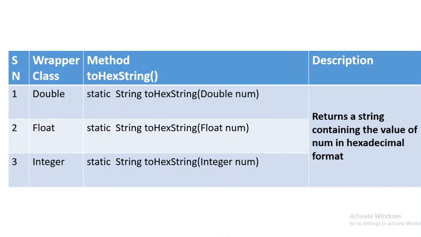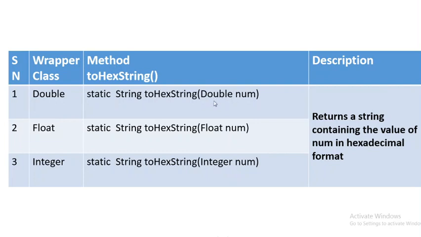toHexString. This method is available with Double, Float and Integer. This is a static method. To use this method, you require the name of the related wrapper class. It returns a string containing the value of num in hexadecimal format. For example, if we are using the wrapper class Double, you will use Double.toHexString. In brackets you will provide any double number.